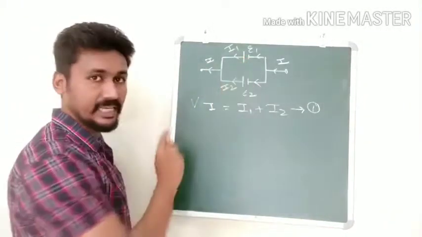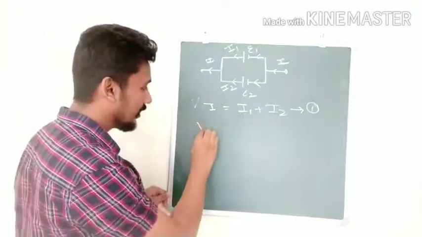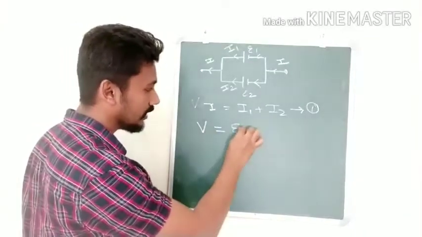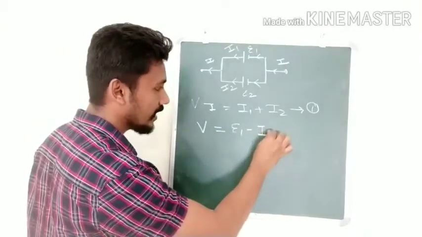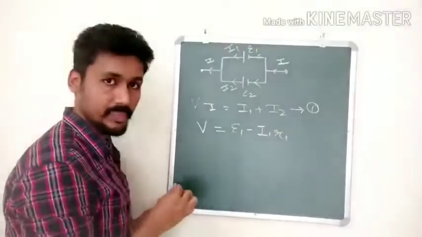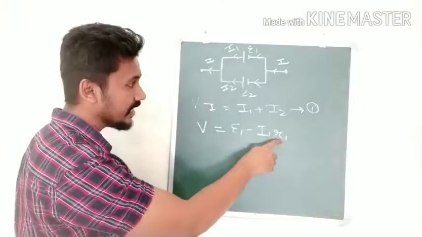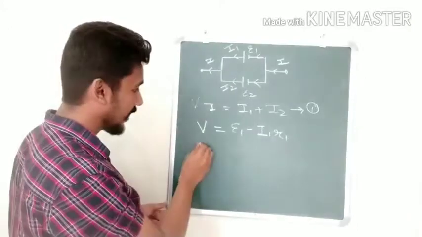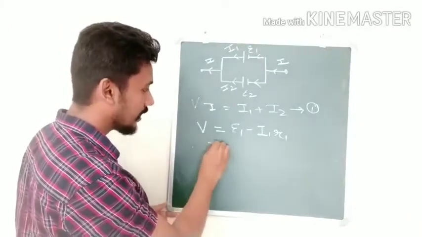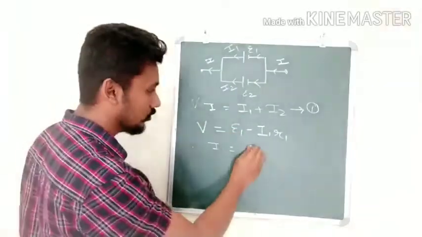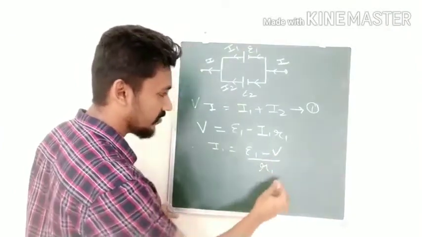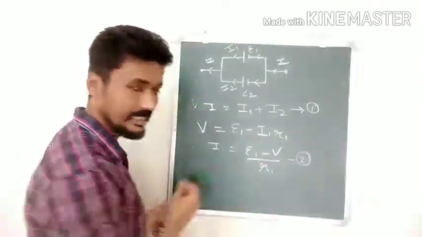So for the cell E1, the potential difference across E1, V is equal to E1 minus I1 R1, where R1 is the internal resistance of the cell E1. And from this you can write, therefore, I1 is equal to (E1 minus V) divided by R1. Let us call this equation number 2.